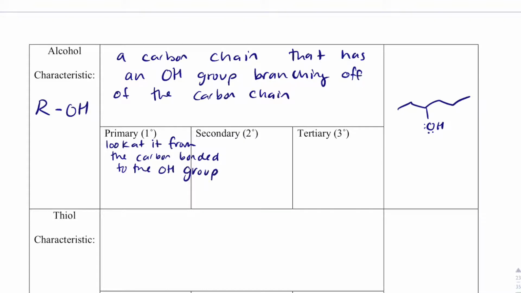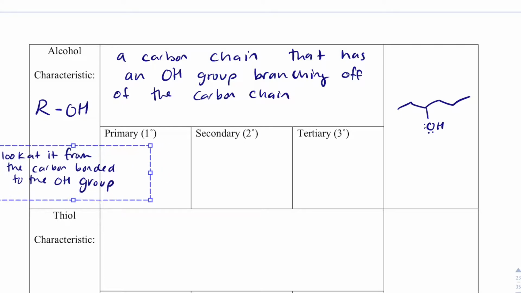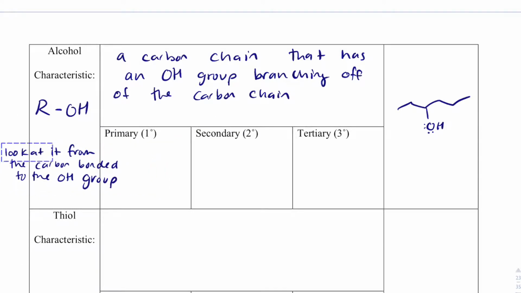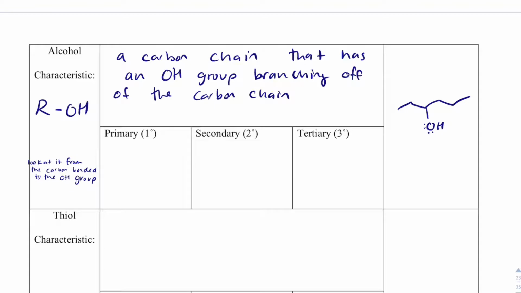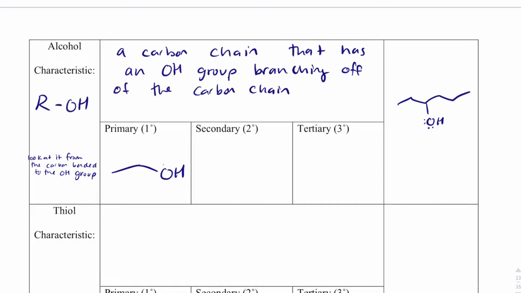Okay, so that's how we want to look at this. We want to look at it from the perspective of the carbon bonded to the OH group. So this would be a primary alcohol, because the carbon that's bonded to the OH group is only bonded to one other carbon.